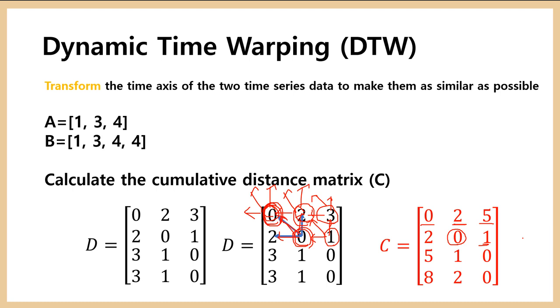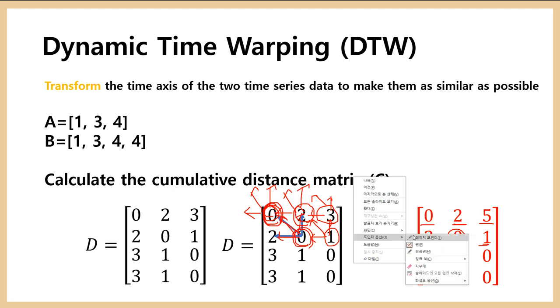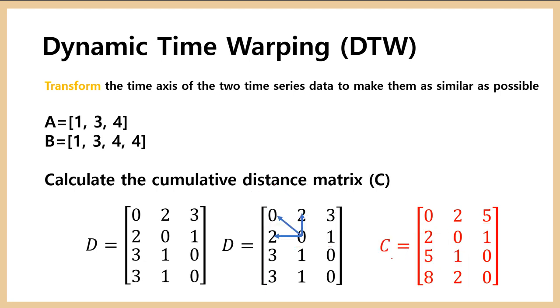So then add the smallest of these values to the original element. In this way, we can easily get this cumulative matrix.